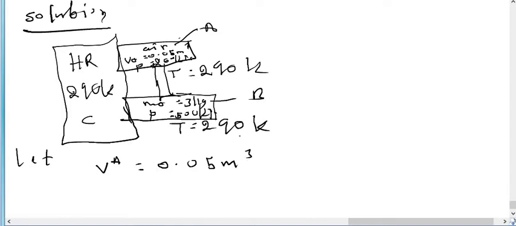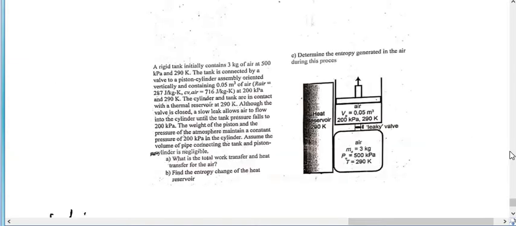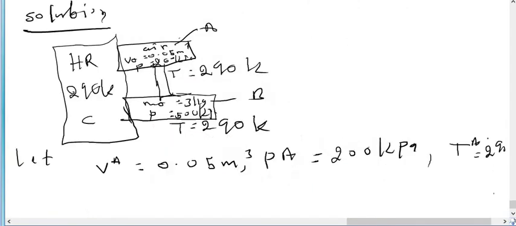Also PA, the pressure, is 200 kilopascals, and TA is 290 Kelvin.